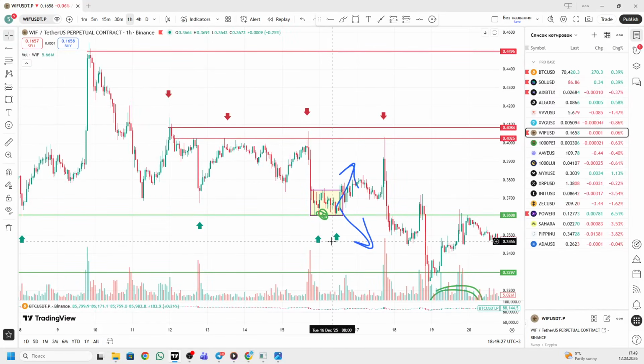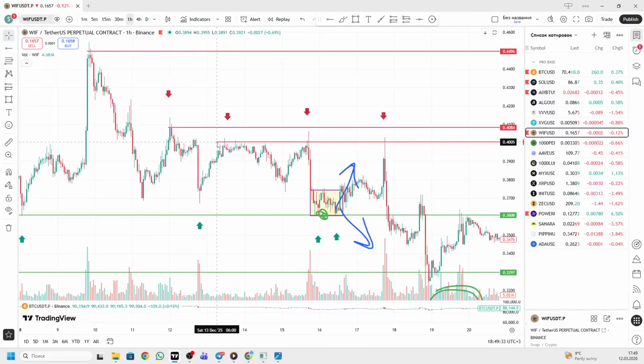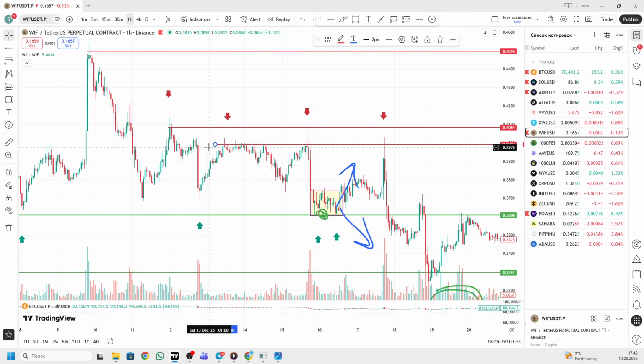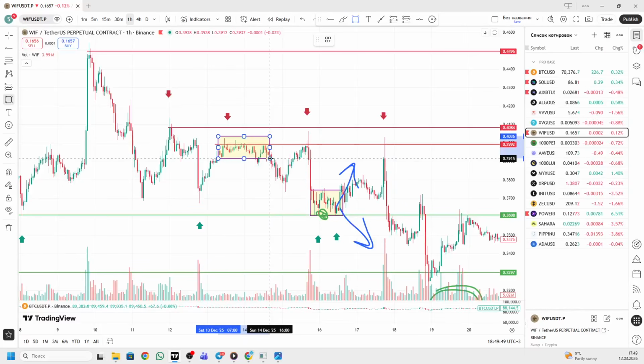Let's see. Okay, if we put this level a little bit down, you see, like this, what we can see? We can see consolidation. You see, there is a consolidation here.